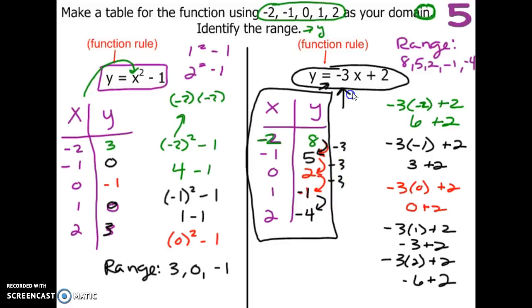That pattern is going to go with our x every single time. Whatever's in front of our x is always going to be our pattern. And then this plus 2. It's a positive 2 because whenever x is 0, y is a positive 2 for this table. If it was a minus 2 here, it would say minus 2. If it was a plus 5, it would say plus 5. So that is how these two relate.